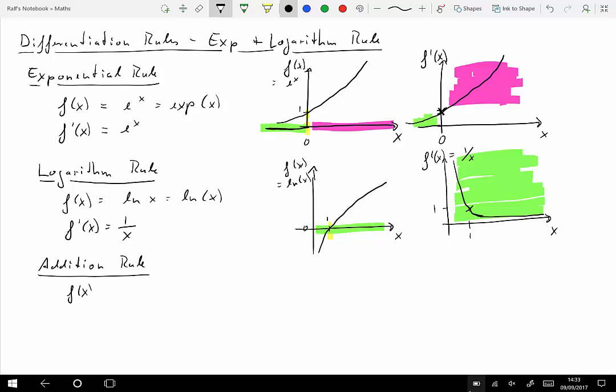Before we look at an example, we also look at the addition rule. That's quite straightforward, but it's important to remember. If you have a function f of x that really consists of two functions, h of x plus g of x, then the derivative f prime of x is going to be h prime of x plus g prime of x.